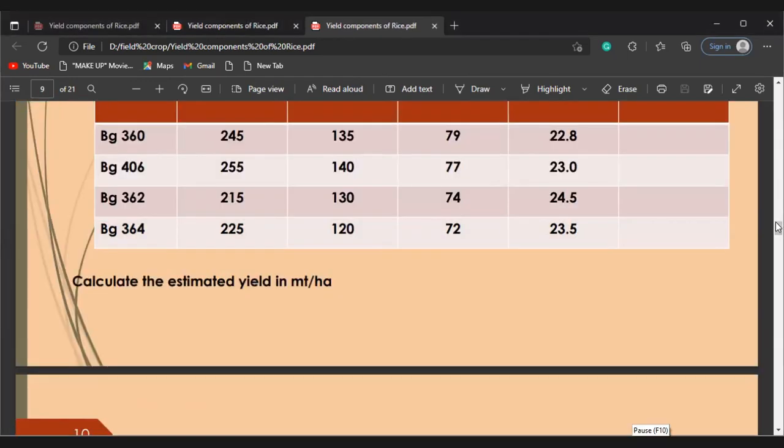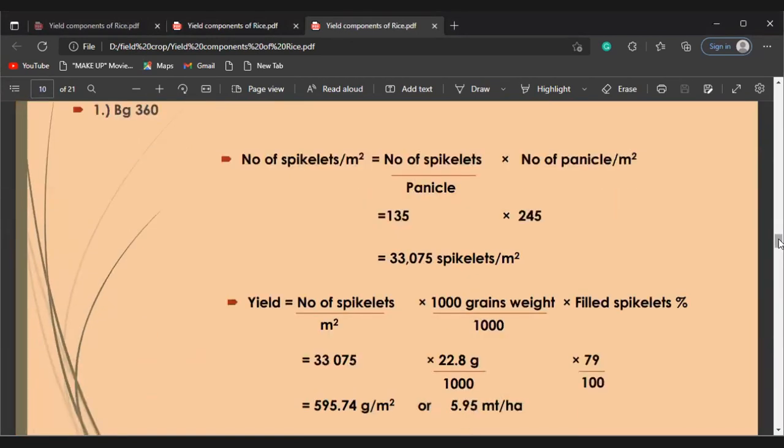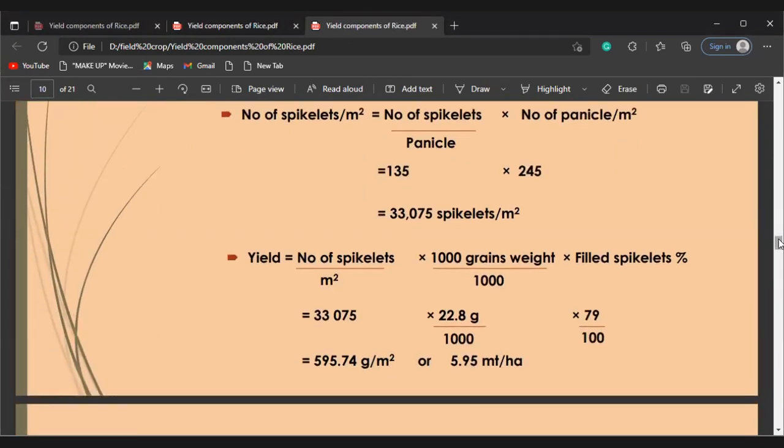Did any of you finish? The yield, yes, there is one. I can check. Correct, you calculated that the yield is 5.95 metric tons per hectare.